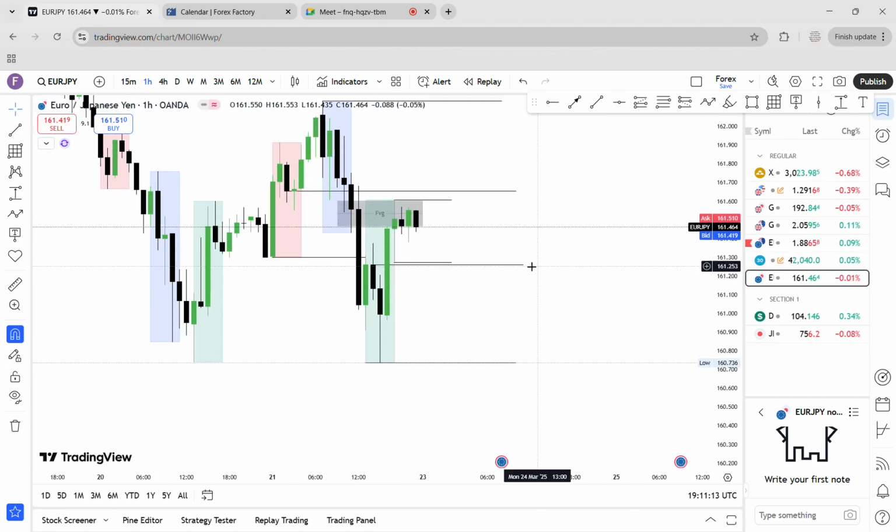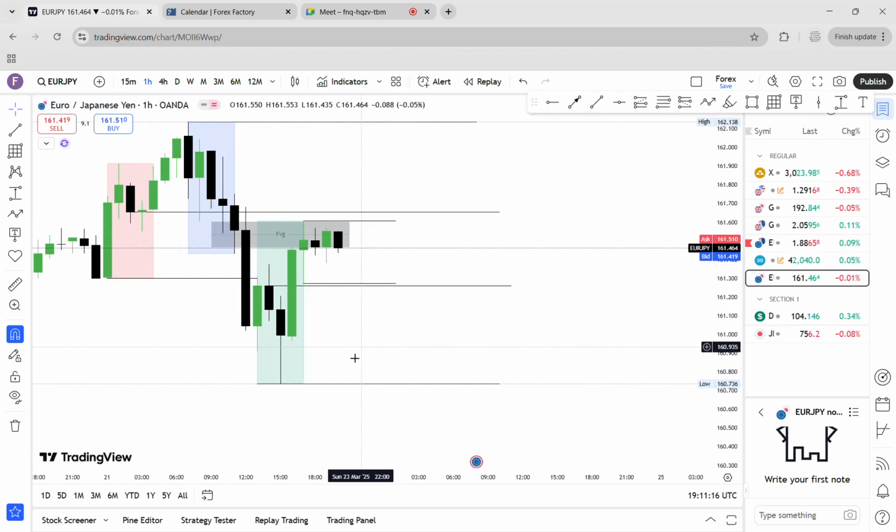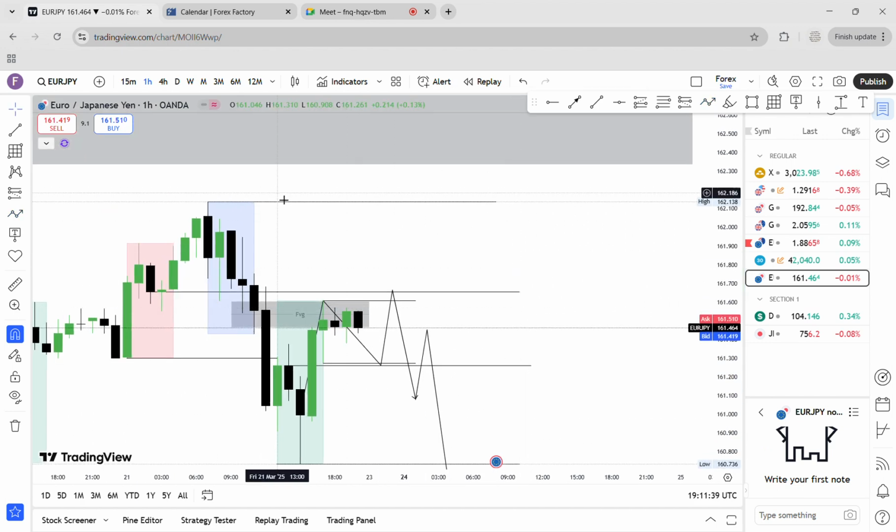Because we already created a structure now. We have a high, we can have a pullback and a high. As soon as that pullback, let's just say this is a high now, we have this. What is this? We have a pullback, right? And probably it takes out this high, then you see a disrespect of that pullback. That is just a sign that the market wants to continue going lower. So this high that you even identified is irrelevant.